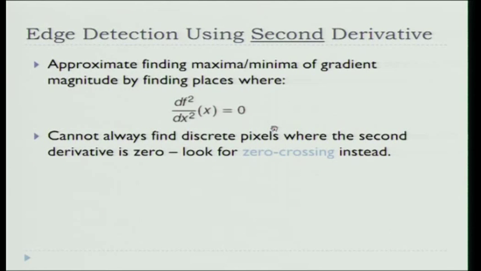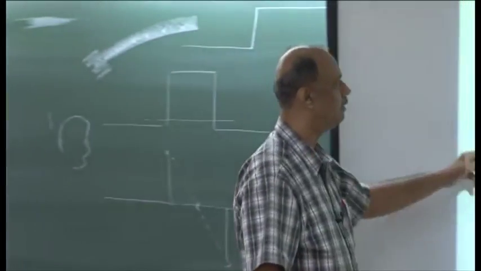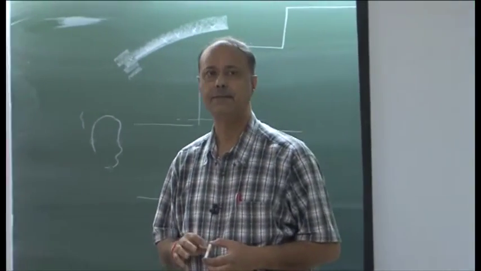Now, think about the second derivative, which approximately finds the maxima and minima of the gradient magnitude: d squared f by dx squared equals 0. But finding that exact discrete pixel point may not always be possible. So, what do we do? We obtain the approximate value through zero crossing, because I am just adding these 2 points, but it may not exactly satisfy this pixel, it will be a neighboring one.